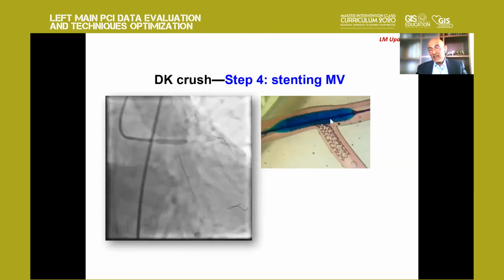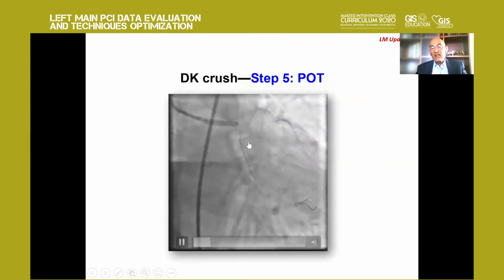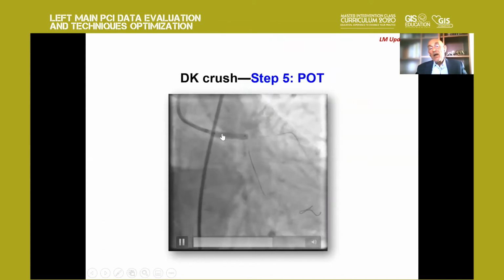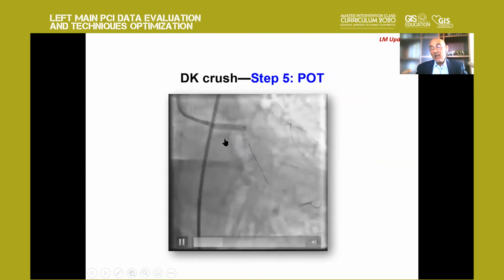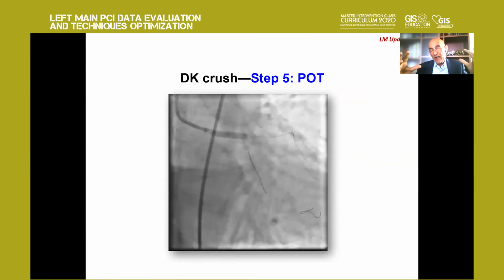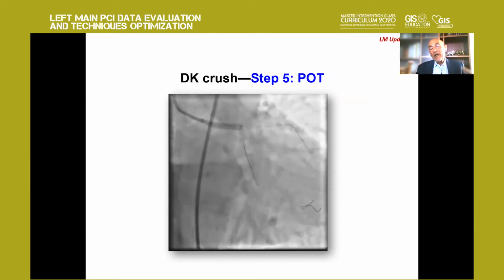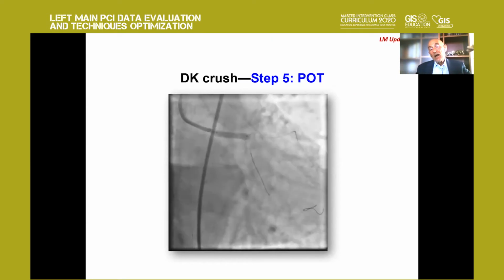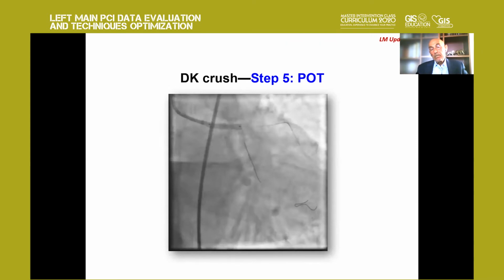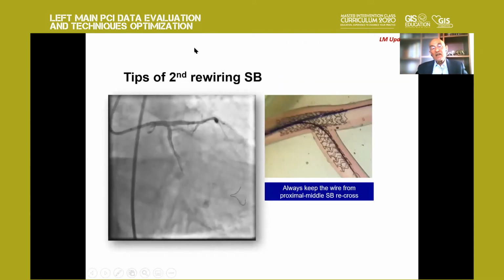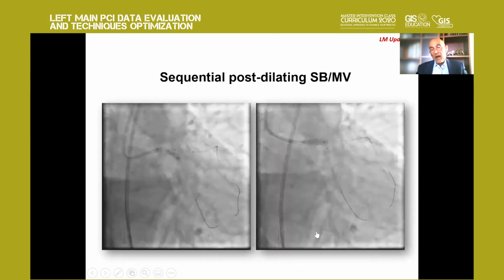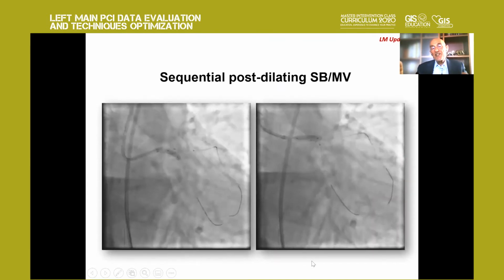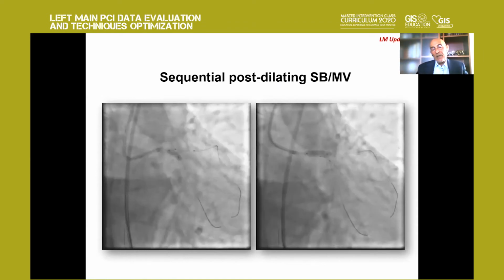After this, main vessel stenting, recrossing again to the side branch, spot inflating the stent in left main adequately in order to avoid the passage of wires outside of the stent. And after this, rewire back the side branch, and sequential dilatation on both side branch and main vessel.